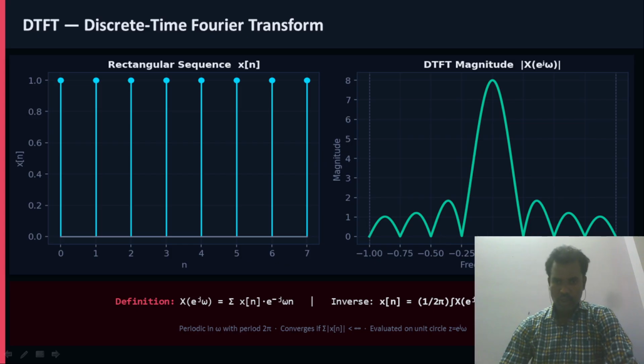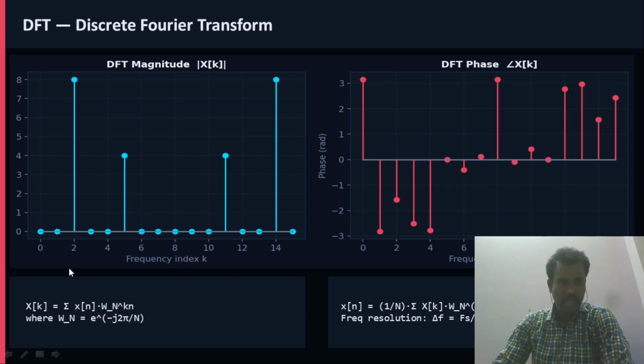So we'll take 0 to N minus 1, instead of minus N minus 1 by 2 to plus N minus 1 by 2, as a period. So n varies from 0 to N minus 1, x of n W N power kn. What about k? k also has N samples. For every period, X of k has N samples.